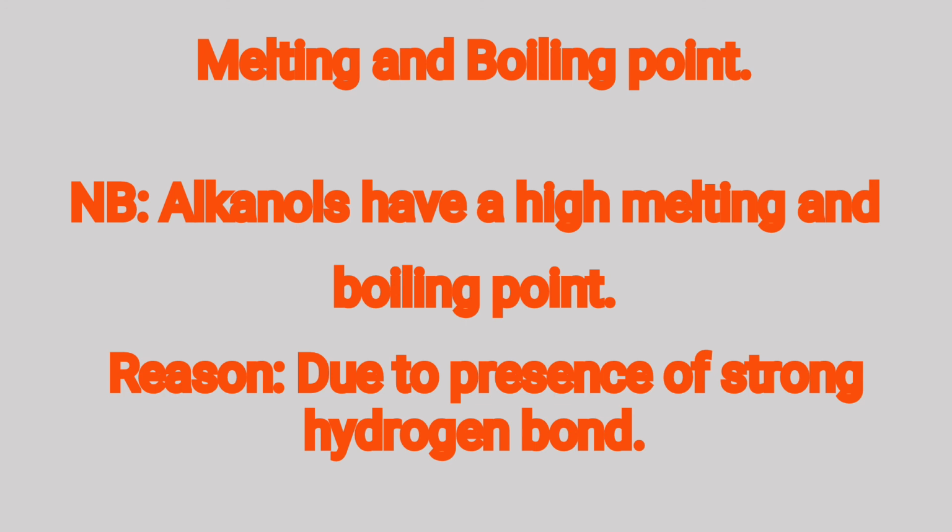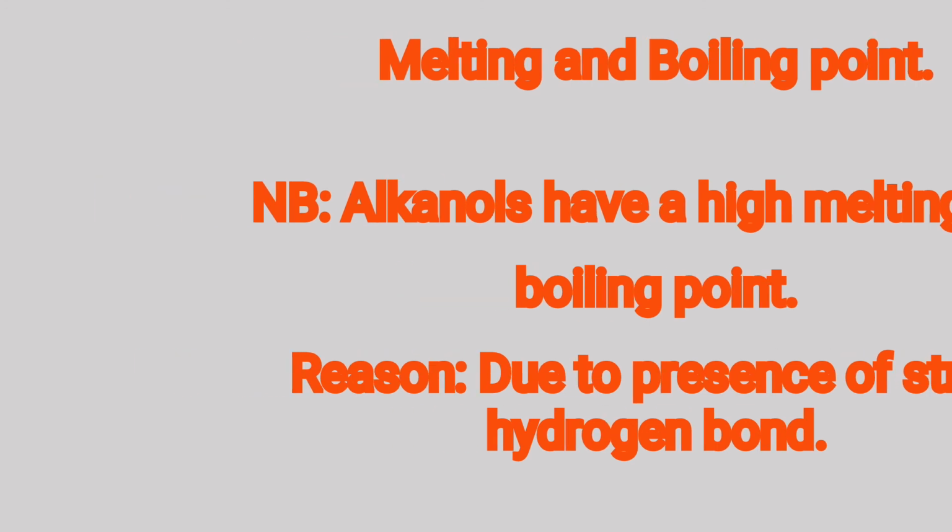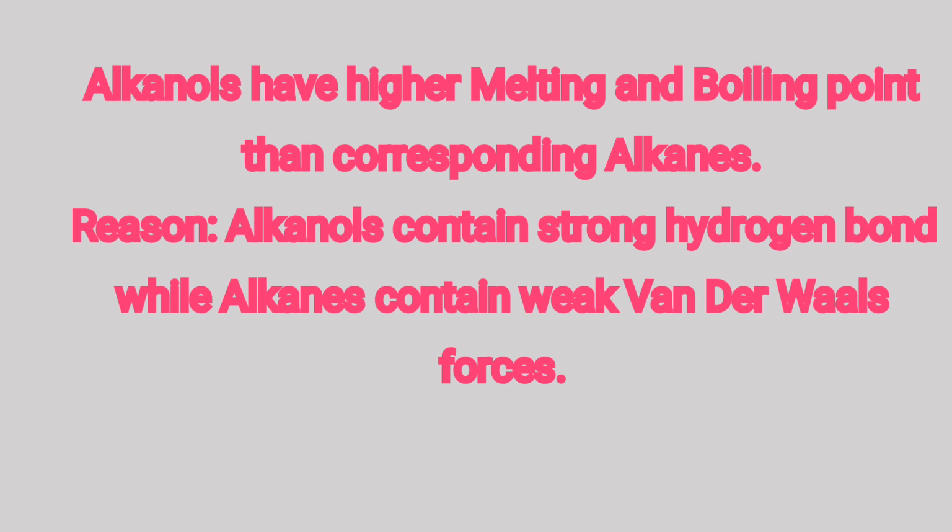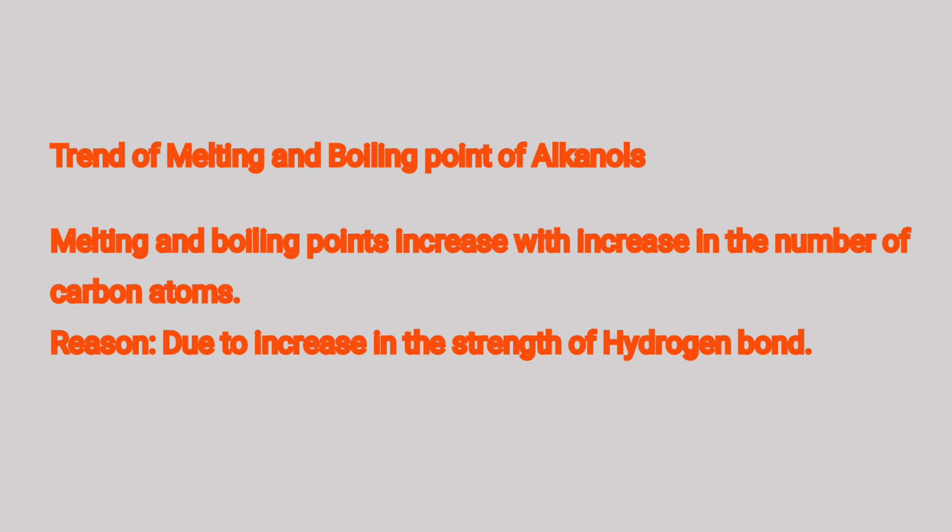Melting and boiling point: generally they have high melting and boiling points. This is due to strong hydrogen bonds. When compared to the corresponding alkanes, they show higher melting and boiling points than corresponding alkanes, because alkanols contain strong hydrogen bonds, while alkanes have weak van der Waals forces. Now, how is the trend?